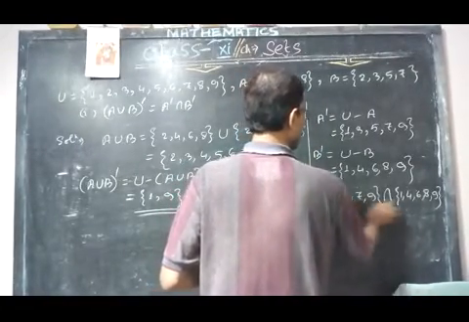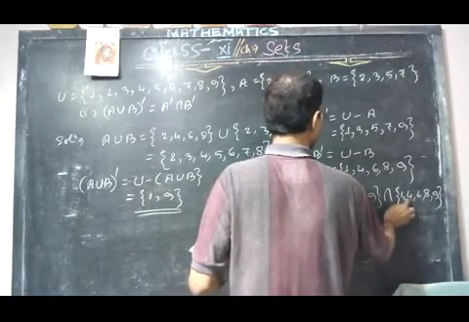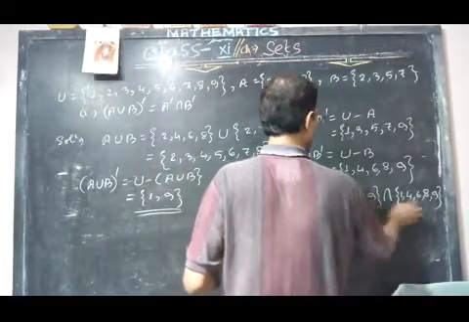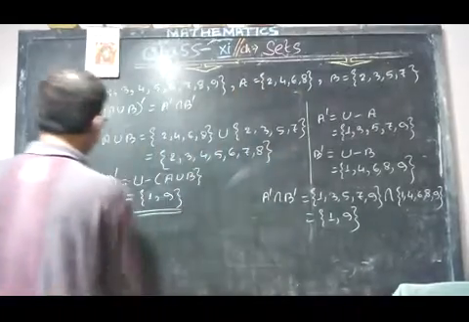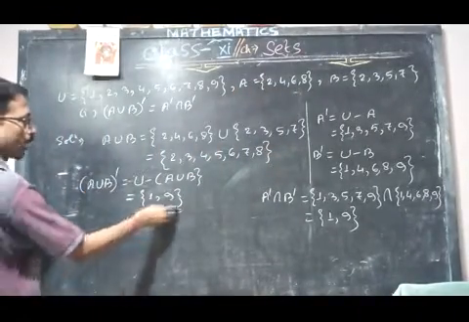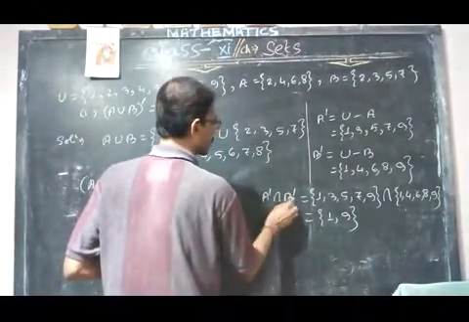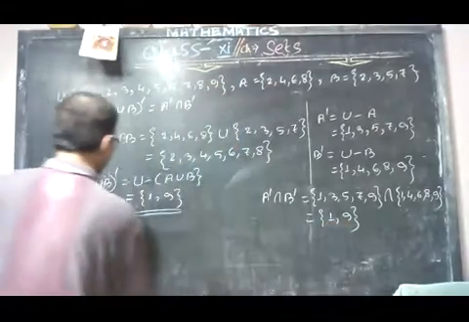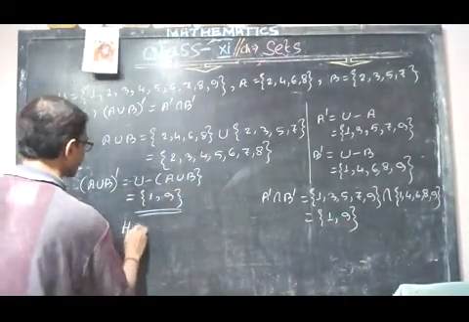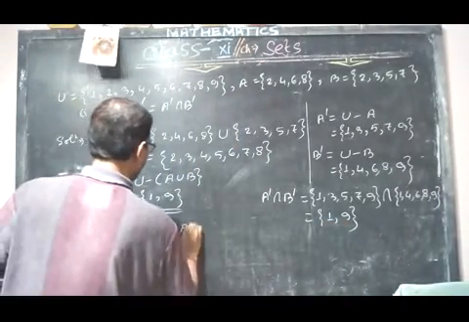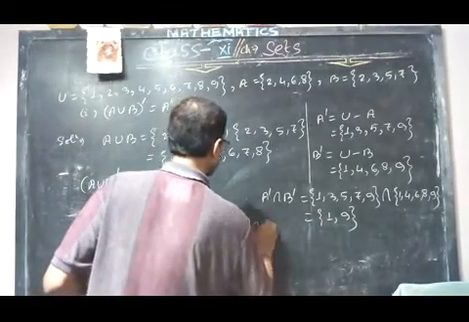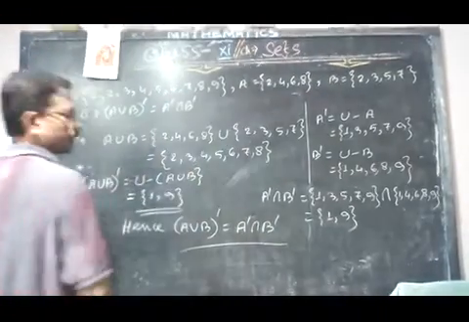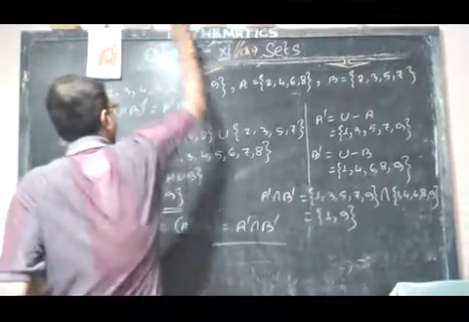Here 1 is a common term and 9 is a common term, so 1, 9. So we see that A union B complement equals 1, 9 and A complement intersection B complement equals 1, 9. Therefore, hence, A union B complement equals A complement intersection B complement. Proved. Understood everybody?